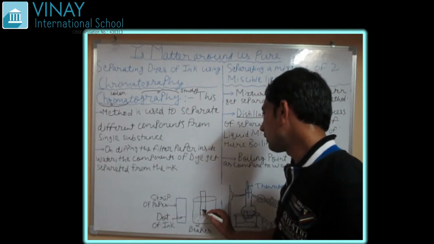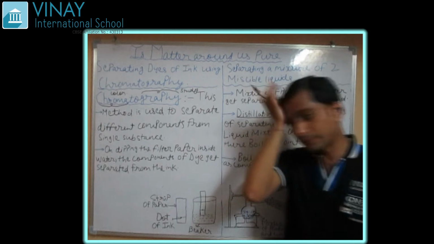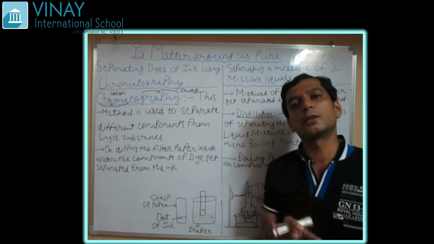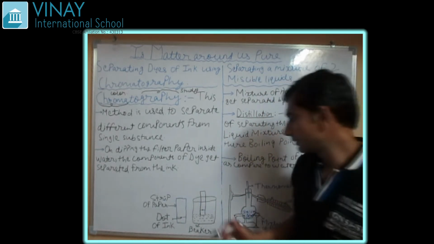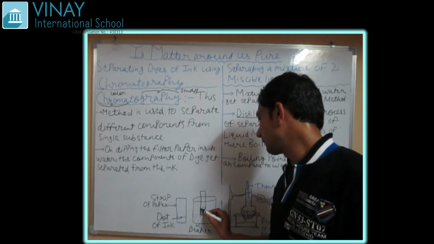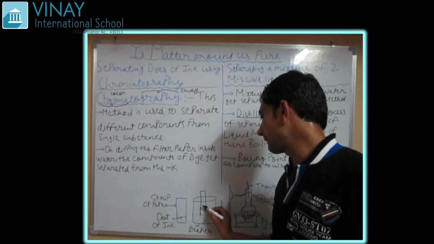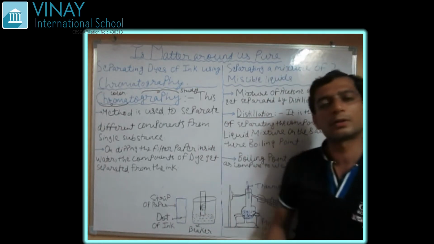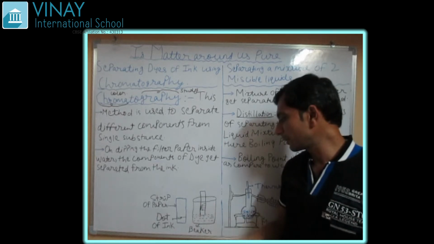Of course, every dye which might be present in it will have its own solubility. Some of the dye may get separated here. Some of the dye may rise upward and get separated here, and some of the dye may rise even higher and get separated in the upper portion.